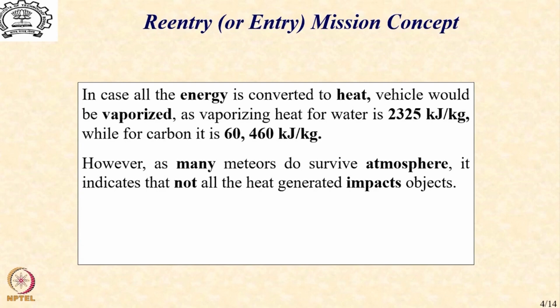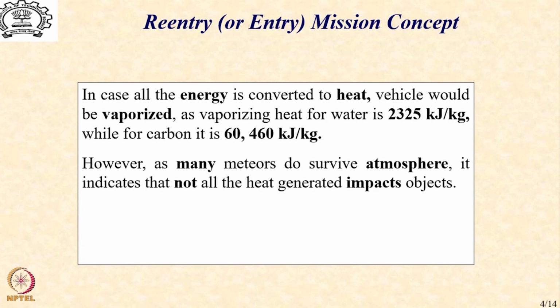So obviously it means that not all the heat is going to be impacting the objects, because we realize that a significant part of this heat would get lost through radiation. So there is a little bit of comfort in that idea.